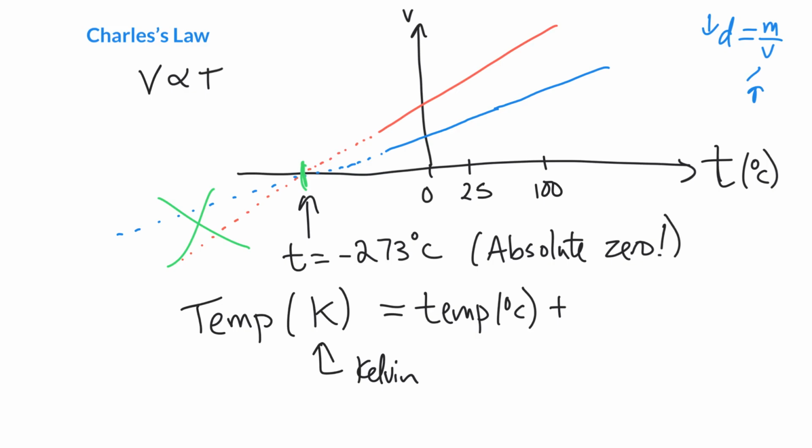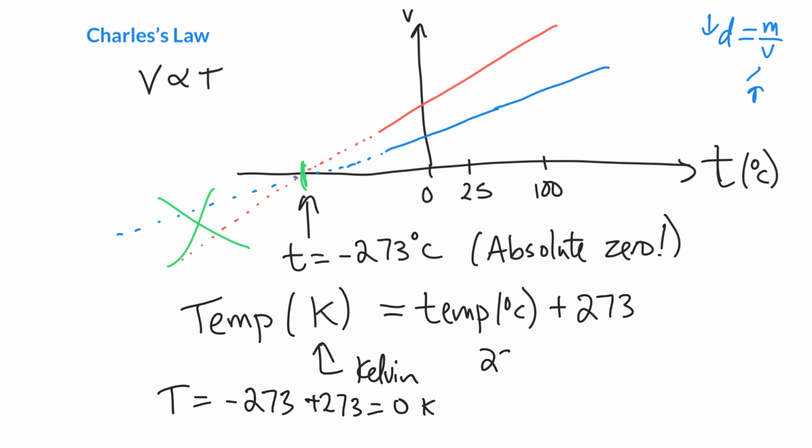Here's the clever thing: if your lowest temperature is minus 273, and you would think a scale where the lowest possible thing is zero, you can achieve that by adding 273 to it. So if absolute zero is minus 273 degrees C and you add 273 to it, you get 0 Kelvin.